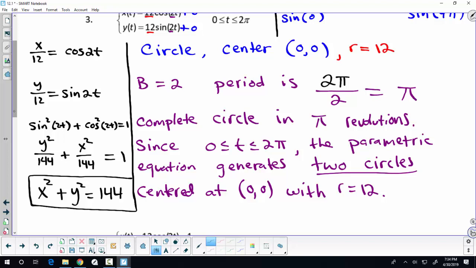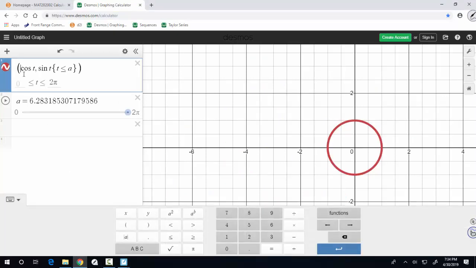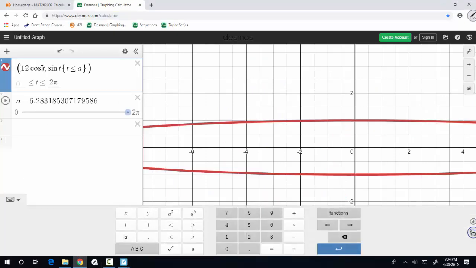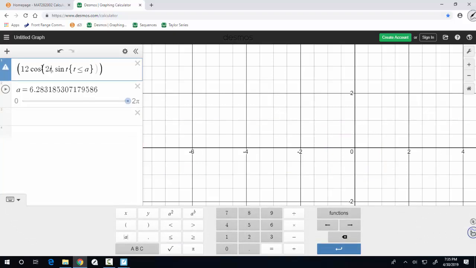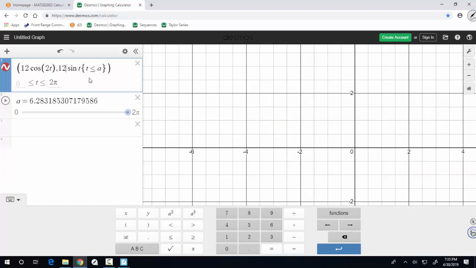Do you have any questions? So that's our x, this is our y.